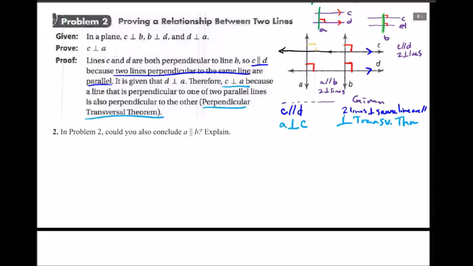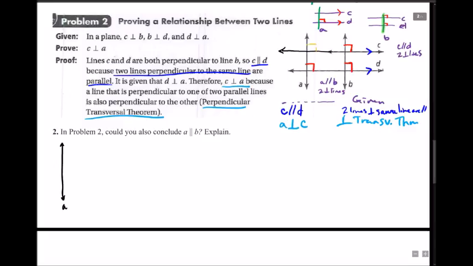All right, let's look at the last problem here. Pause the video, see if you can do the last problem. Okay, what did you figure out? We want to know if we could also conclude that A is parallel to B. Do we have that information? Well, let's draw another picture here.